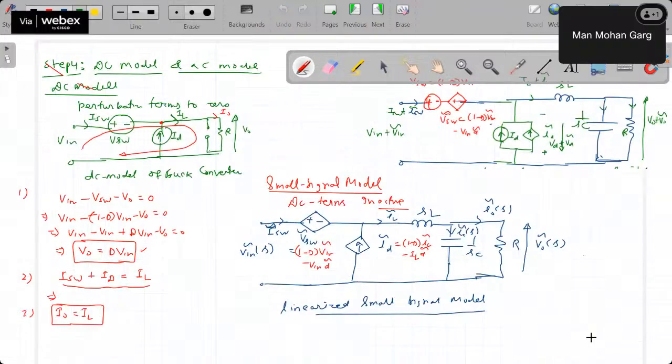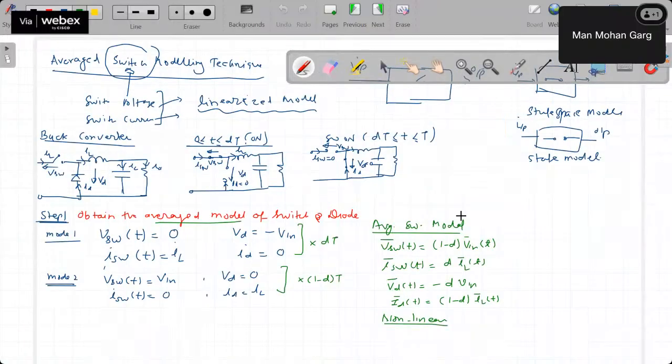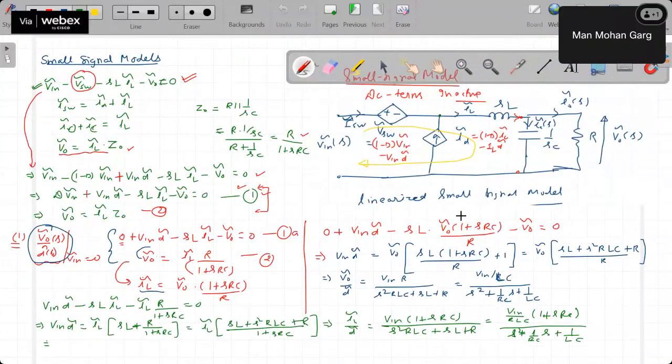Maybe in the morning we derived something. This one, yeah, this one we derived, Vg upon L. If you take RC inside here, then you will get V in upon L, S plus 1 upon RC, divided by this term.